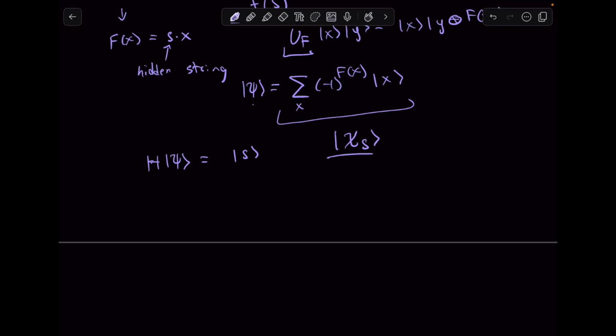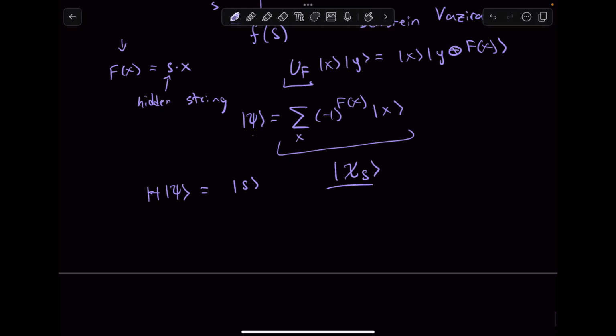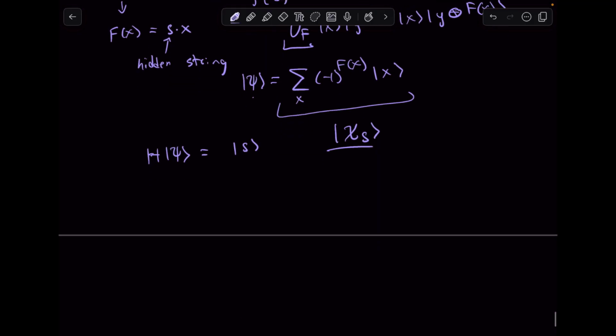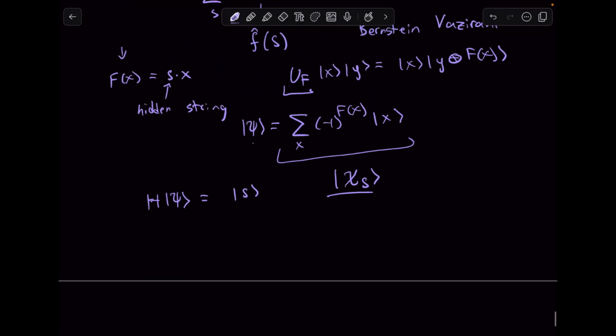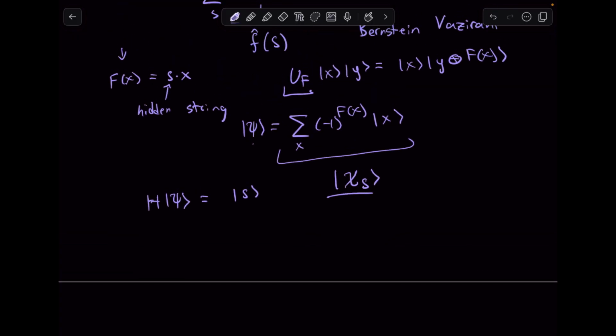And this was pretty much the logic that they used. When you were first presented with Bernstein-Vazirani's algorithm, it's a little bit confusing how the whole thing works. But now that we see they were just putting this thing into a basis which it already exists in, you can immediately determine what this s is with one call to your oracle, as opposed to the classical case, where you need n. So that was pretty interesting.